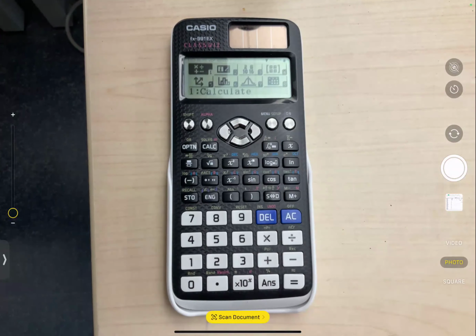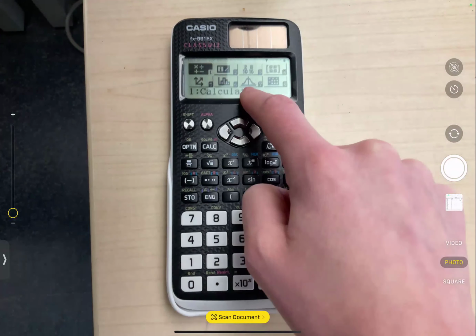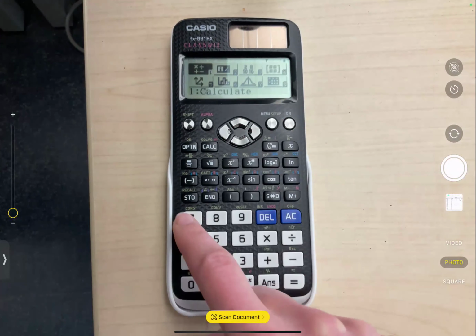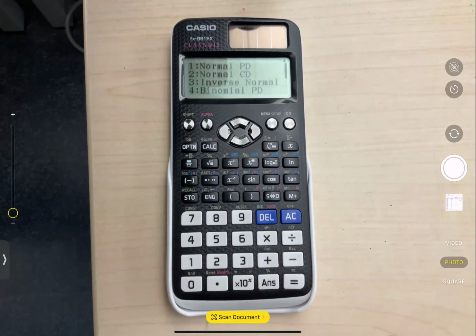Okay, so when I go in here, I see this beautiful normal distribution here. Gives me some options, right? And for now, I like seeing all that normal there. It gives me the normal probability distribution, the normal cumulative distribution, the inverse normal, right?